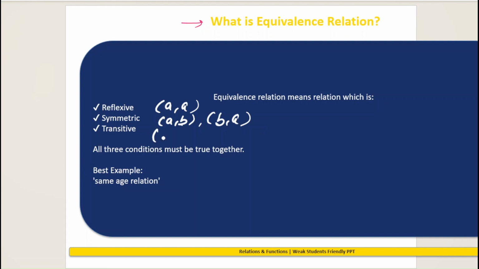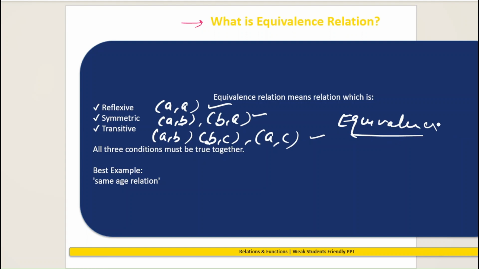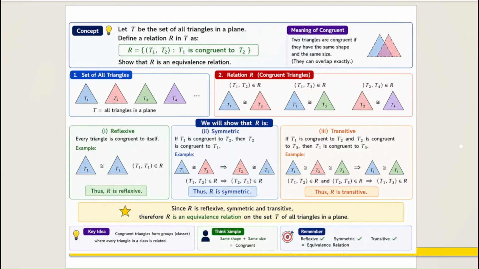Transitive: if it contains (a, b), (b, c), then it must contain (a, c) also. If these three conditions are fulfilled, then such a relation is known as an equivalence relation. Now coming to the example.